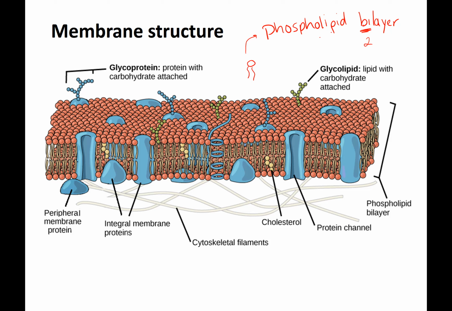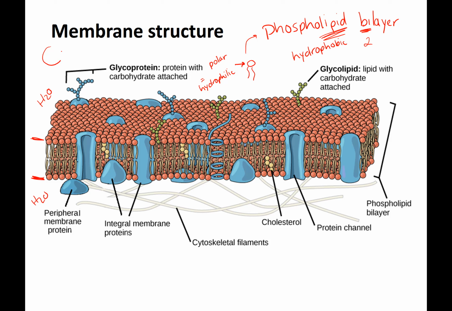And you know that a lipid is hydrophobic. It means it doesn't like water. The phospho part, the head of this lipid, is actually polar, so that means it's hydrophilic. It likes water. So the heads on a phospholipid bilayer are near the water, and there's water inside a cell and there's water outside a cell.